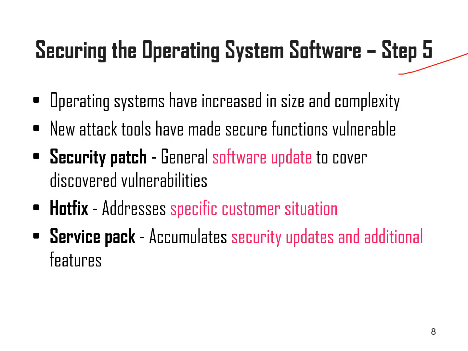And in the fifth step, operating systems have increased in size and complexity. New attack tools have made secure functions vulnerable. During the evolution of operating systems, the size and complexity have also increased. Based on this, a number of attacking tools have been made.